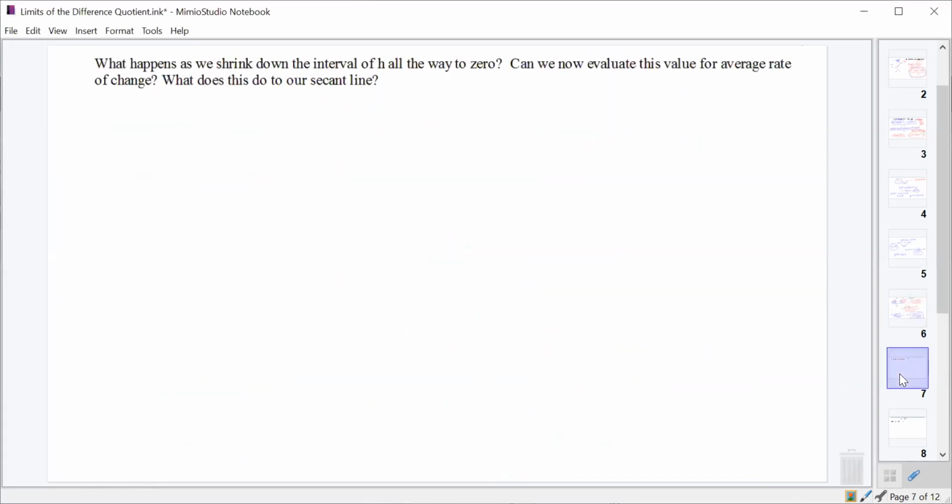All right, so here's what I now want to ask you. What do you think would happen if we take the interval for h and shrink it all the way down to 0? What's going to happen to our average rate of change in our secant line? Won't it also be 0? Like the line would be nothing, basically?